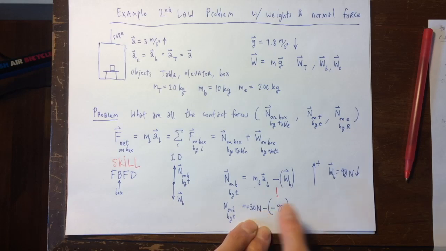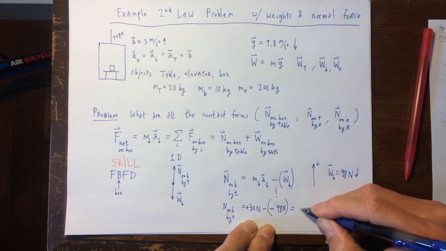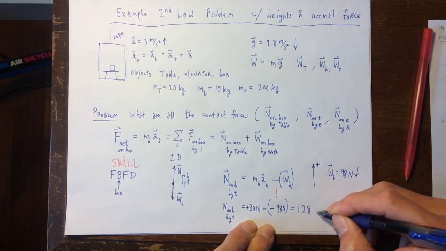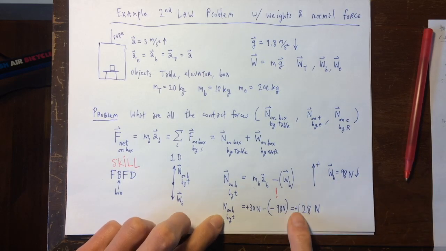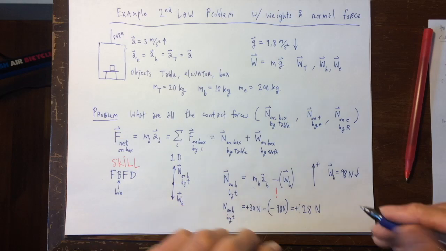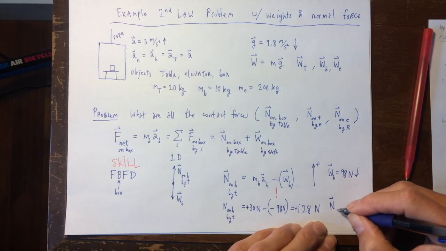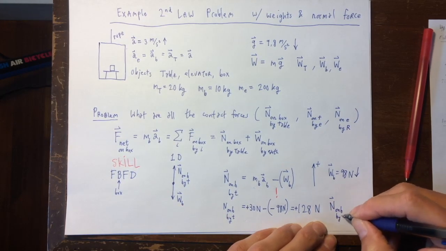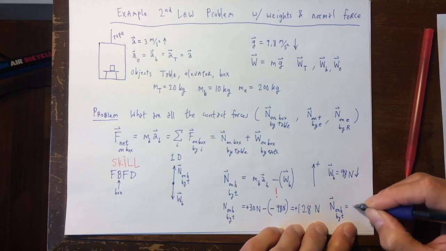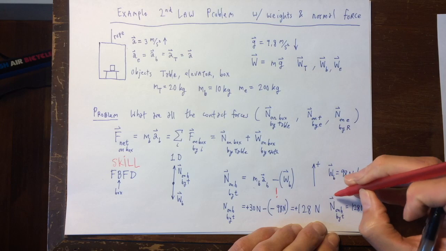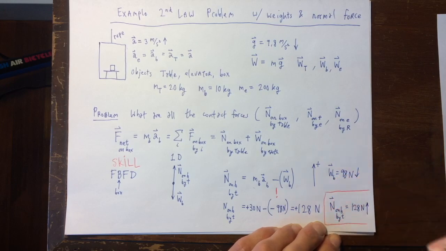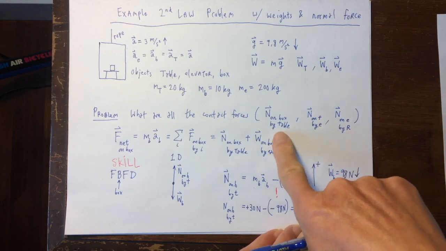And a minus minus is a plus, and so it's 30 plus 98. It's 128 newtons with an overall plus. That is, the normal force points up. So the normal force on the box by the table is 128 newtons upwards. And here is an answer, at least to the first part of our problem.